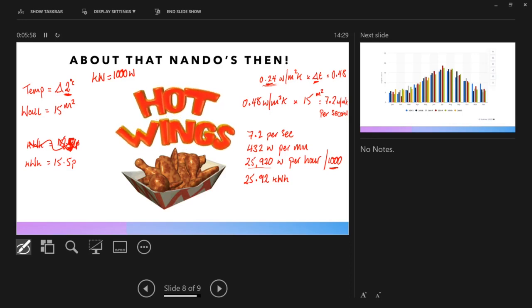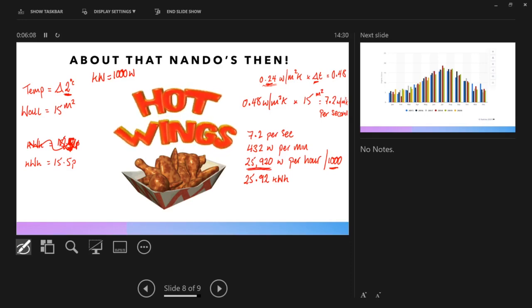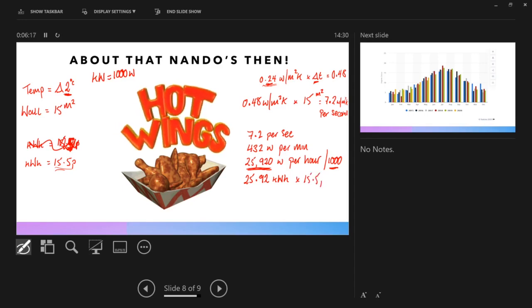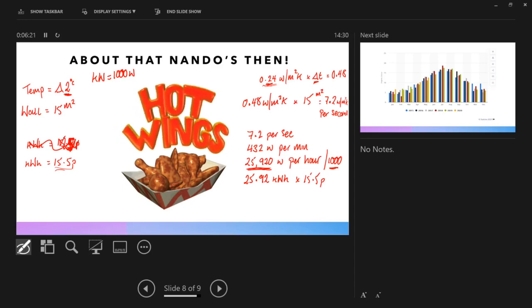In an hour here, we're using 25,920 watts, which is 25.92 kilowatts, and a kilowatt hour is 15.5p. So it's simply 25.92 multiplied by 15.5 pence, because that's what the electricity people are charging today, and that is equal to £4.01.